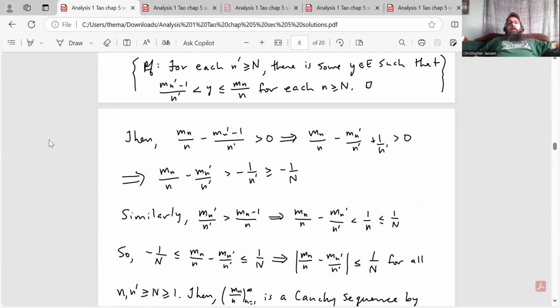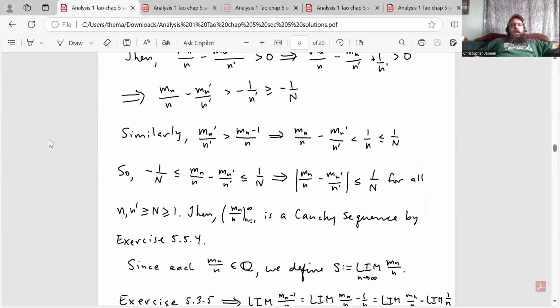And that implies m sub n over n minus m sub n prime over n prime plus 1 over n prime is greater than 0, which implies that m sub n over n minus m sub n prime over n prime is greater than minus 1 over n prime, which is greater than or equal to negative 1 over capital N. And similarly, the fact that m sub n prime over n prime greater than m sub n minus 1 over n implies m sub n over n minus m sub n prime over n prime is less than 1 over n, which is less than or equal to 1 over capital N.